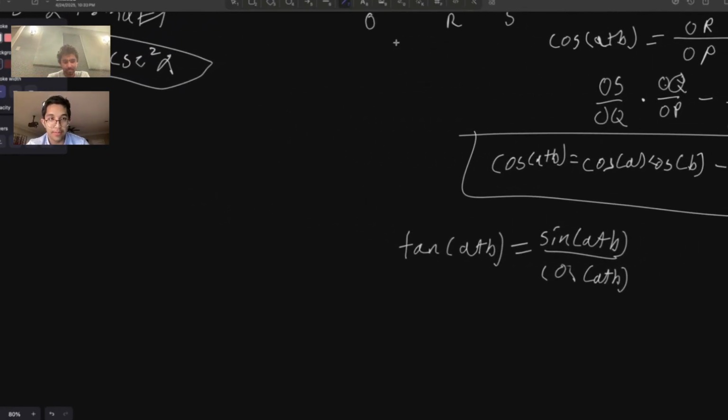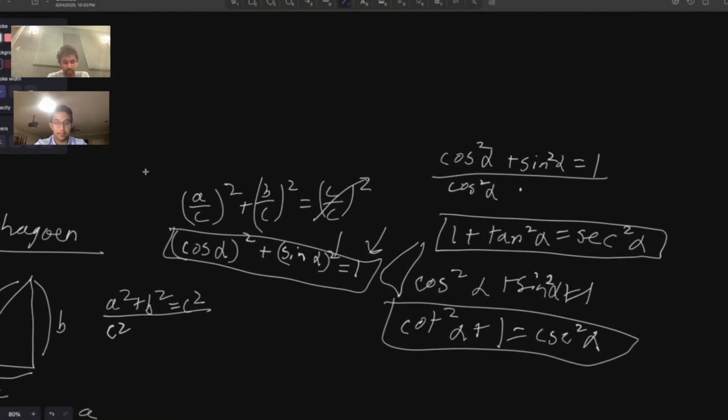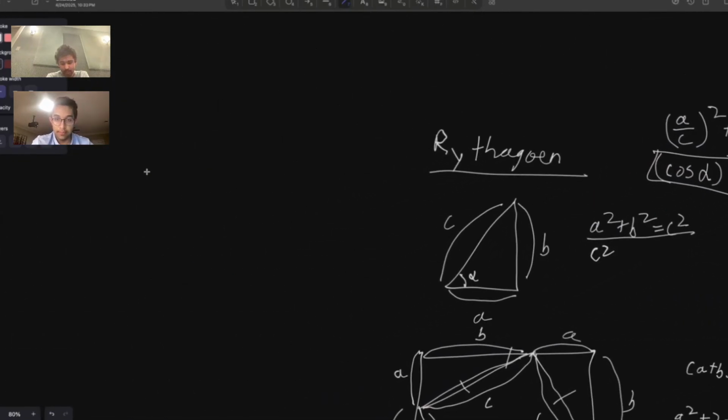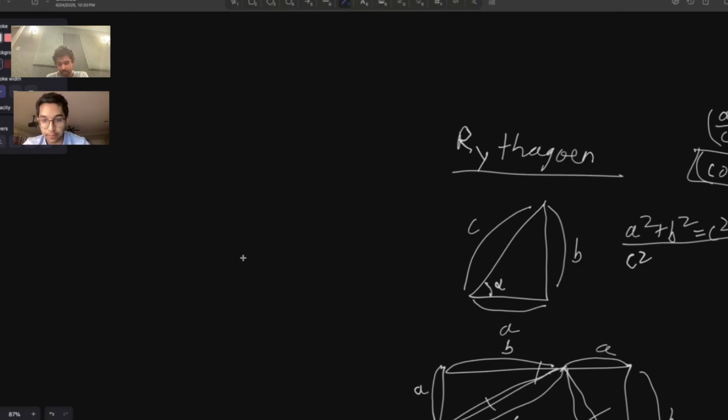So, let's take our triangle, right? This triangle over here with sides A, B, and C. So tangent is B over A, right? Yeah, opposite over adjacent. Which could equal B over something times something over A, right?